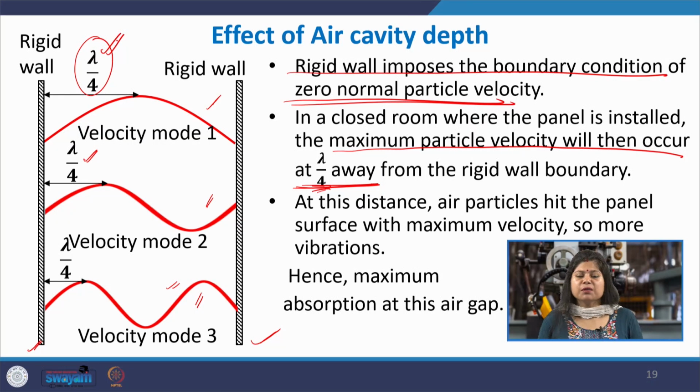So, it would be 343 by 1000. The value of the lambda that you get, you do lambda by 4, that would be the best distance to keep your panel away from the rigid boundary of your room, because at that place the absorption by the panel would be the most effective. So, this would be the distance at which the panel will work the best.